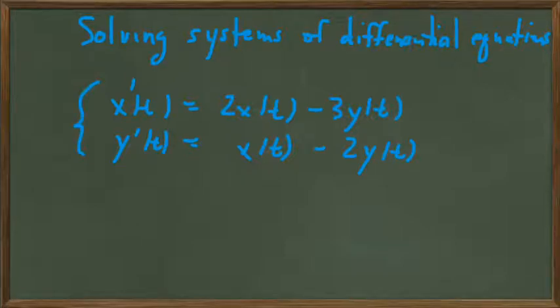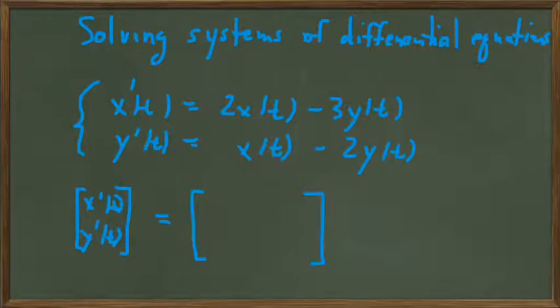Well, another way to write that pair or system of equations is by writing the left-hand side as a column matrix, where x prime and y prime are the entries, and to get the right-hand side of the equations, we write this coefficient matrix 2, minus 3, 1, minus 2, and multiply that by x of t in this position and y of t in this position, this column matrix here.